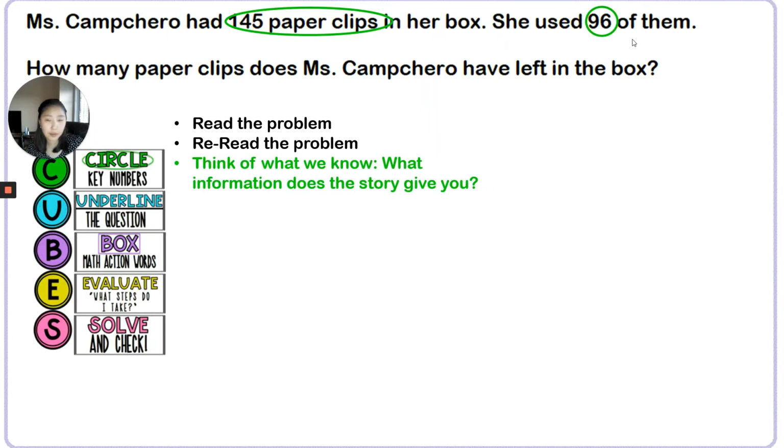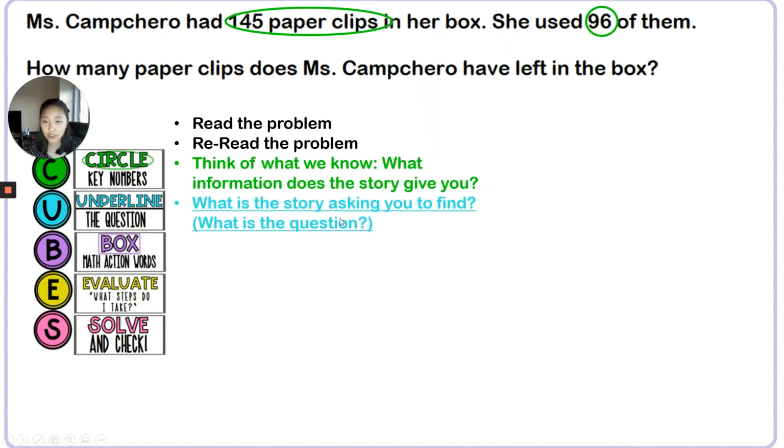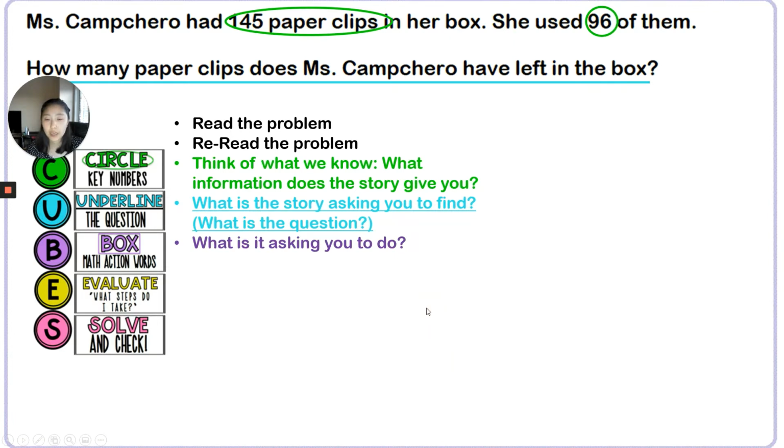Then that next part is underline the question. So I need to go through, look at the question. It's that entire bottom line there. So I'm going to underline that. And our last part. But what are they asking you to find? This one, I only found one word that was really useful to me. So Miss Camchero has 145 paper clips in her box.